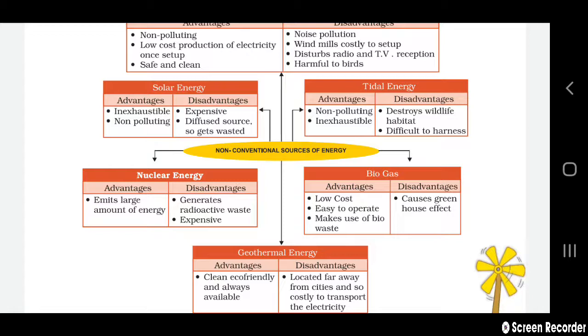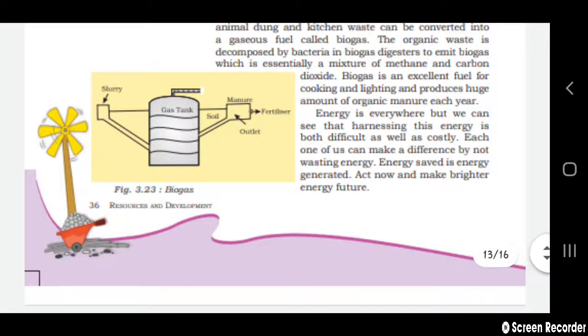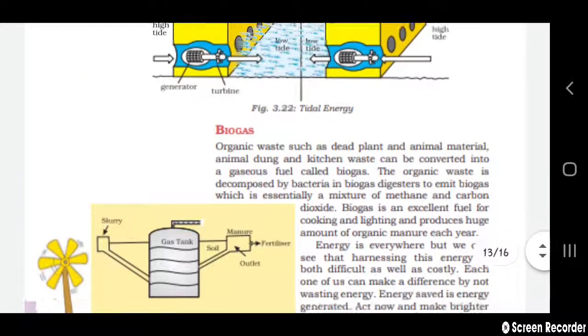But the disadvantage is that it may destroy wildlife habitats. If a fish comes, it may be killed because the turbine is rotating, and it is very difficult to harness.